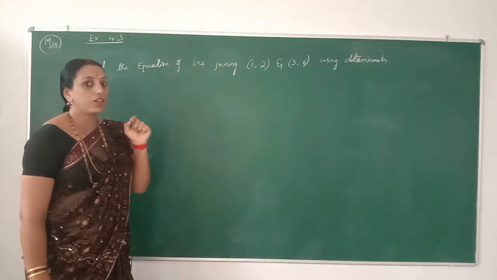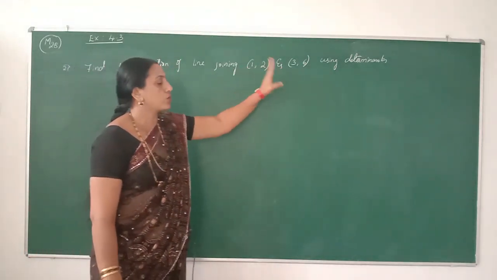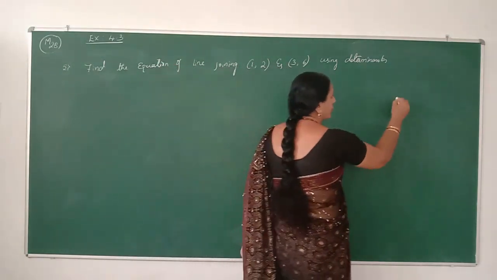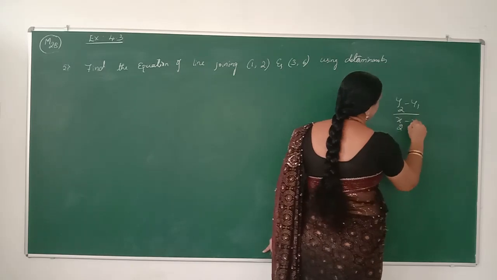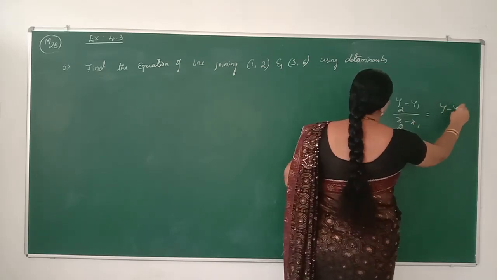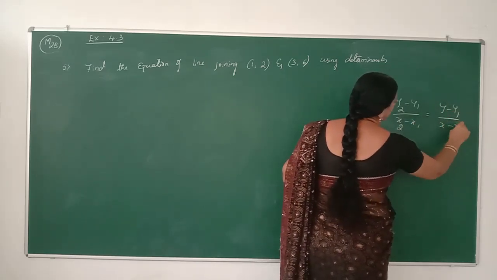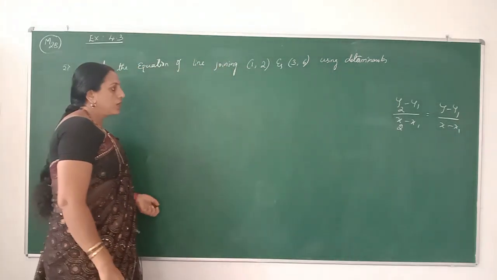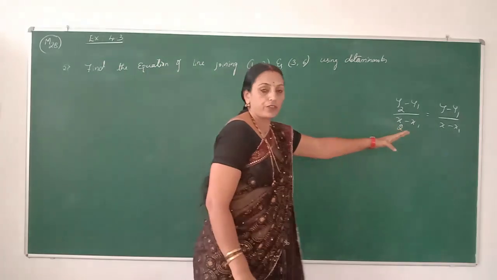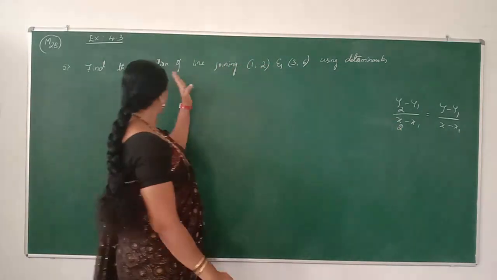What is the equation of the line which passes through two different points? The equation is (y2 minus y1) divided by (x2 minus x1) is equal to (y minus y1) divided by (x minus x1). That is one of the formulas for the two-point form. By using that formula, it is possible to find the equation of the line.